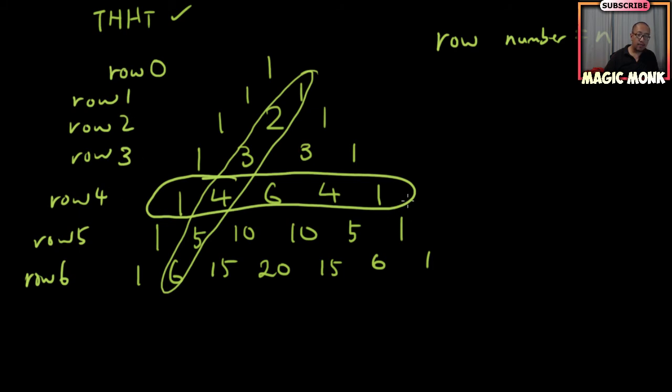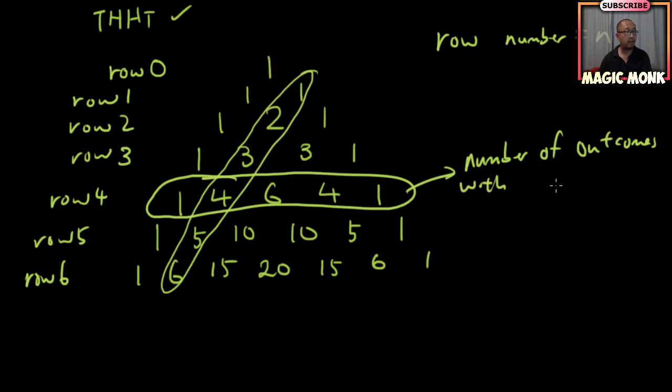Let me just write that out. Number of outcomes with X number of successes.